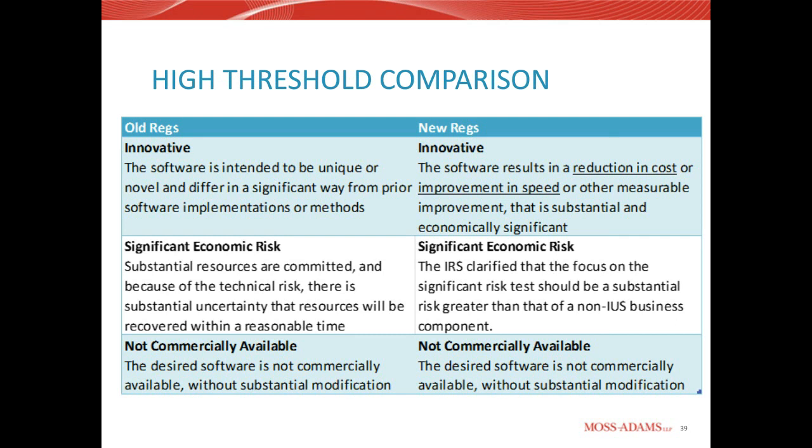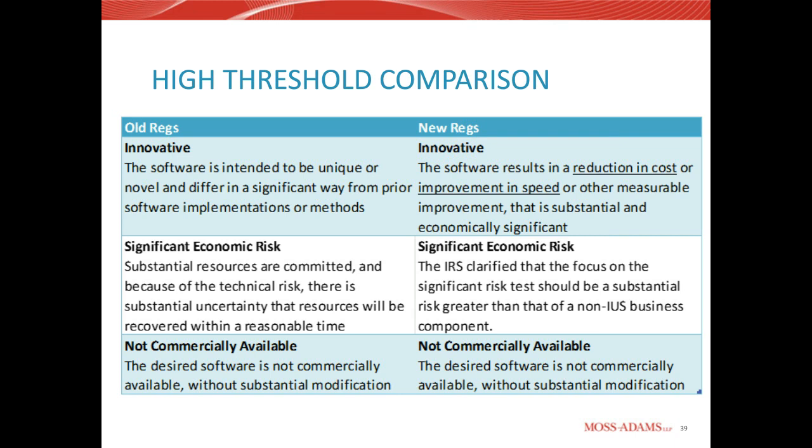Lastly, just wanted to point out some changes that were made by the new regulations to the high threshold of innovation test. What you have on the left side is what was in place in the old regime. It looks fairly similar in that the tests themselves test the same 3 points: something that's innovative, something that represents some type of significant economic risk to the taxpayer, and lastly, must be not commercially available.